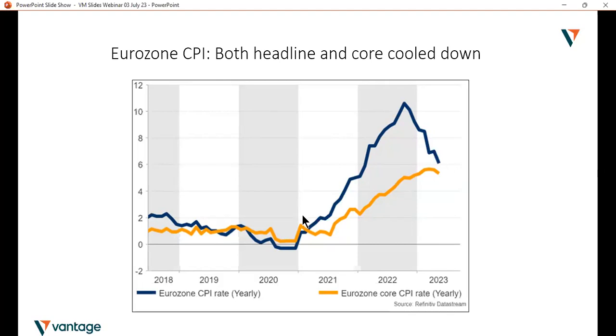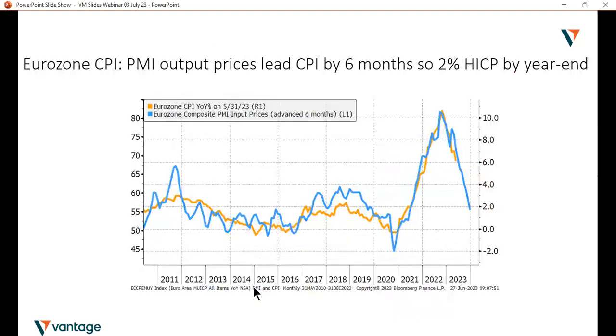Just before I move forward for the Eurozone, I don't want to get too technical on some of these charts because there are so many charts out there, but this is an interesting one, I thought. The orange line is Eurozone CPI data. You can see it's falling, the headline, as we mentioned, dipping below 6% in June to 5.5%.